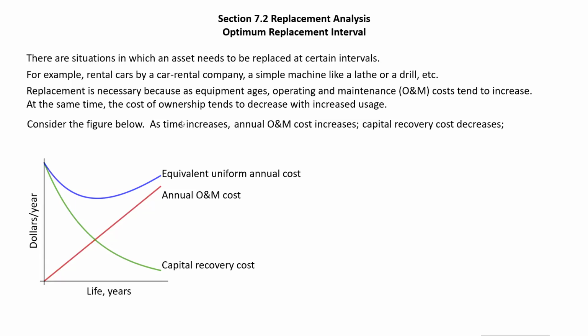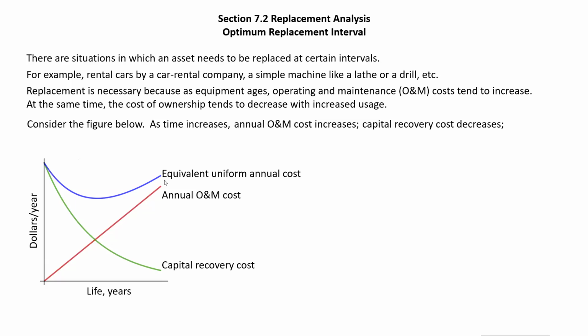Now, does this discussion about these curves, where the equivalent uniform annual cost is the blue curve, does any of this answer that question? Optimum replacement interval? From the curves, can you figure anything out? The answer is of course you can. What? How'd you do that, man?